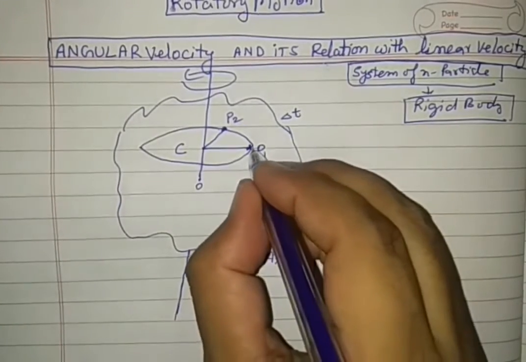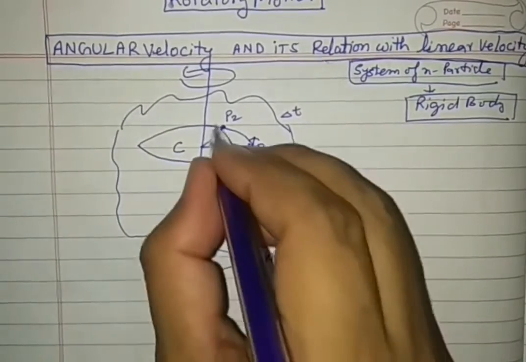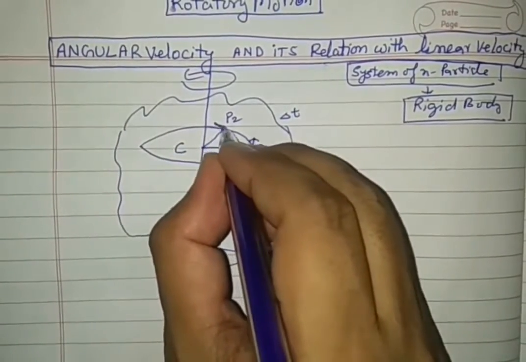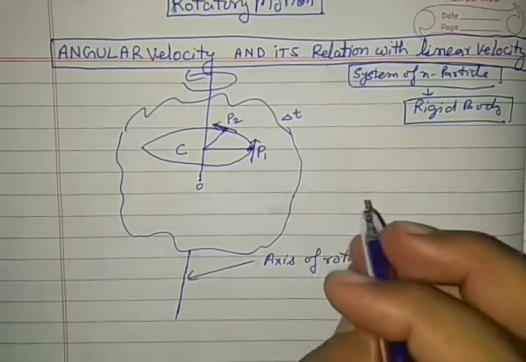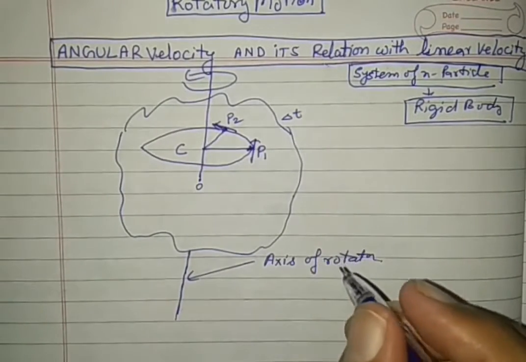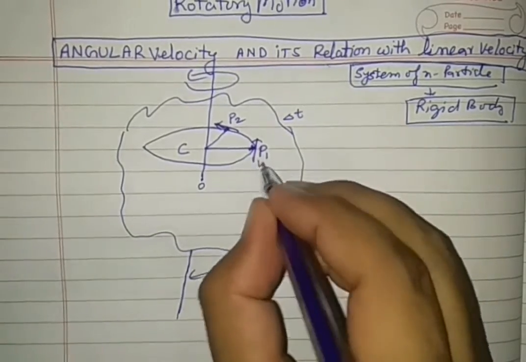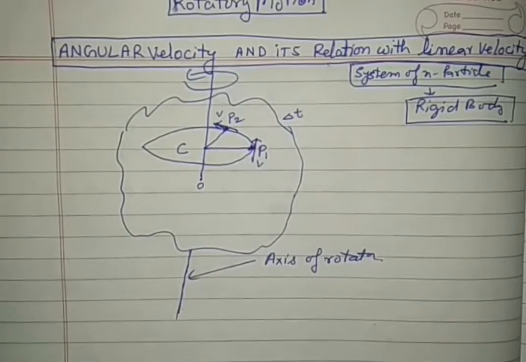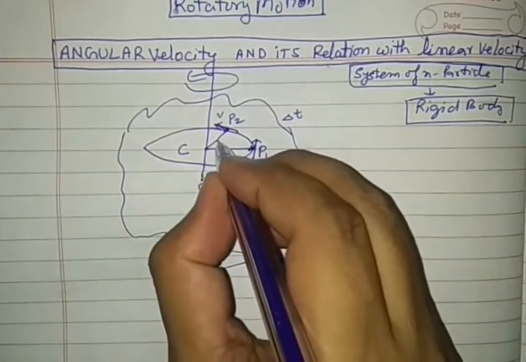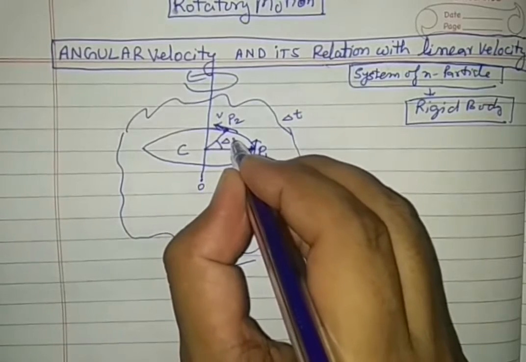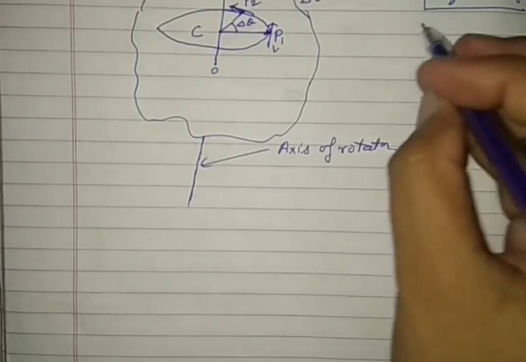So let at point P1 its velocity vector be on this side, and at point P2 this is the velocity vector. These velocity vectors keep revolving. In delta t time it travels delta theta angular displacement.